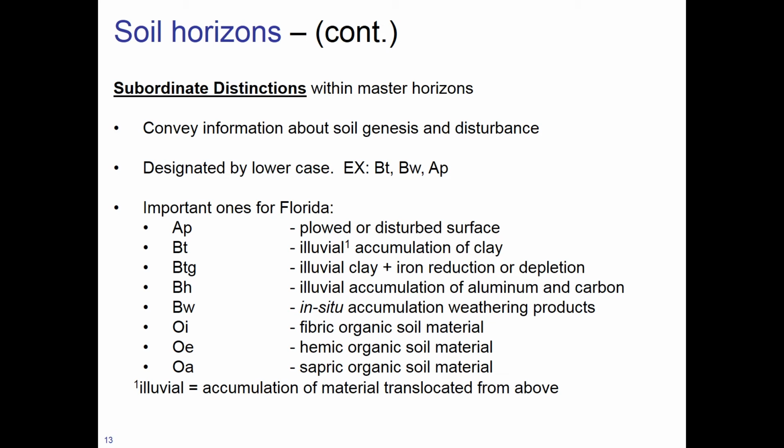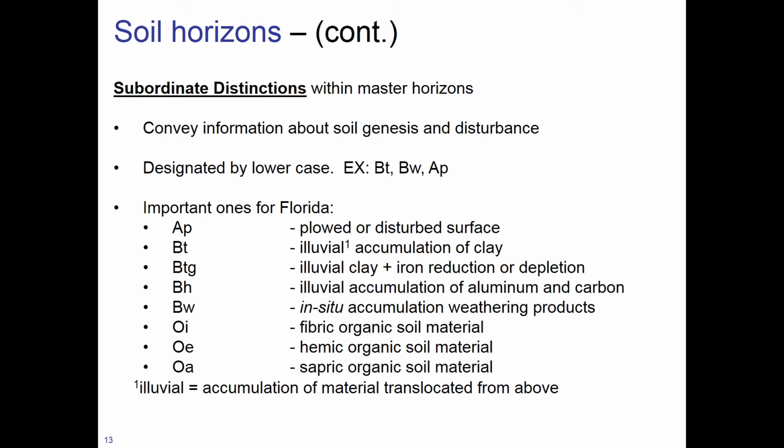Phyllosilicates are what some people call clay minerals. Btg would be an alluvial accumulation of clay plus iron oxide reduction or depletion. Bh is alluvial accumulation of aluminum along with carbon and sometimes iron. A Bw is an in situ accumulation of weathering products but without appreciable alluviation.